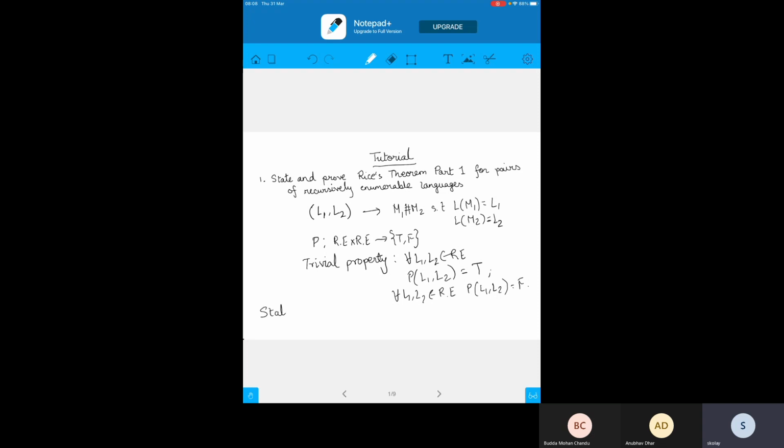Now, the statement we want to prove is that any non-trivial property of pairs of RE languages is undecidable.